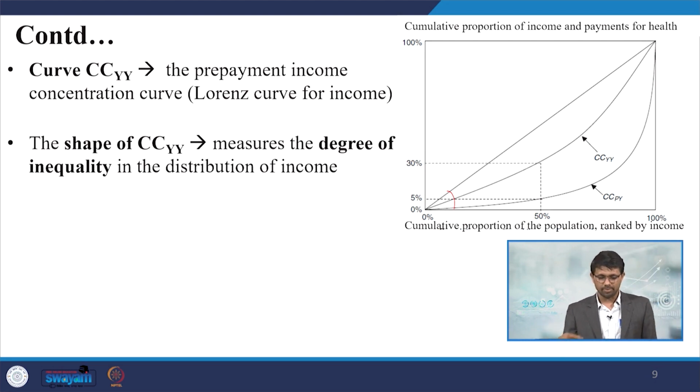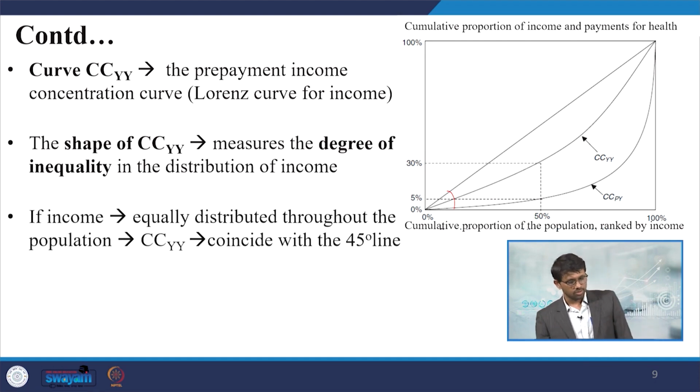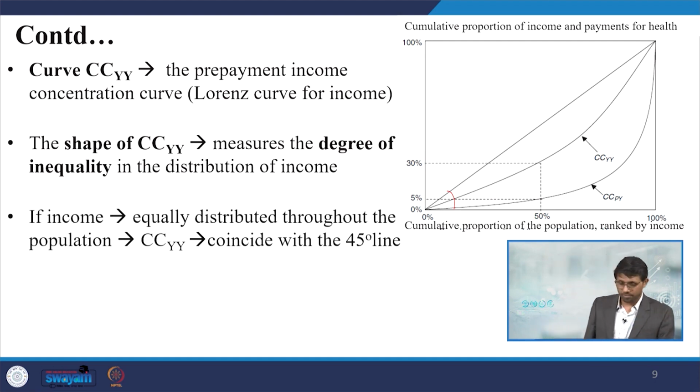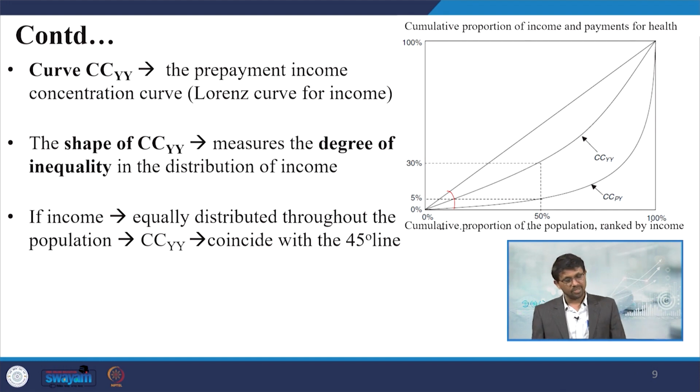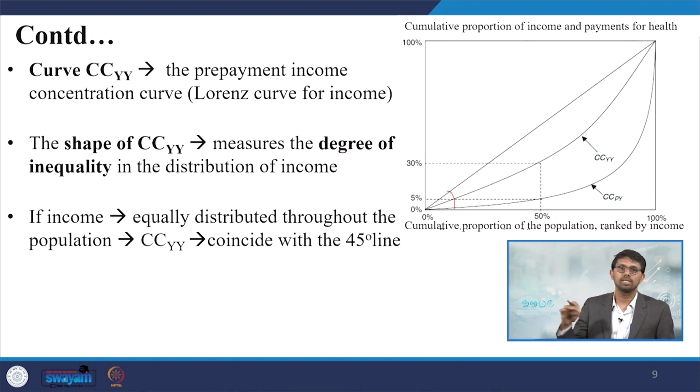So, CCYY presents the degree of inequality in the distribution of income, where if income is equally distributed throughout the population, this point suggests that CCYY will be overlapping with the 45-degree line.